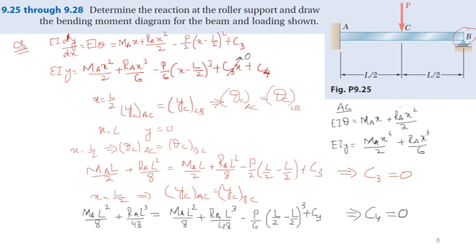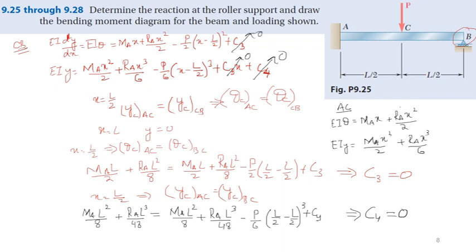Now, what we have? C3 and C4 are also 0. Now, the equation of elastic curve will further reduce, and this C4 will also become 0.